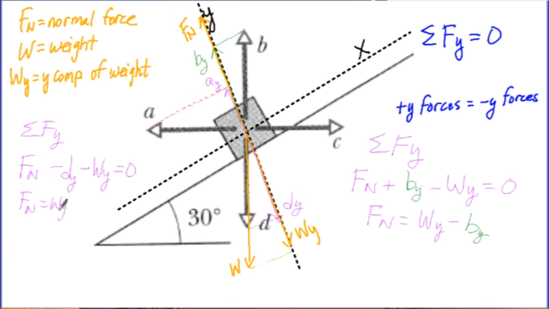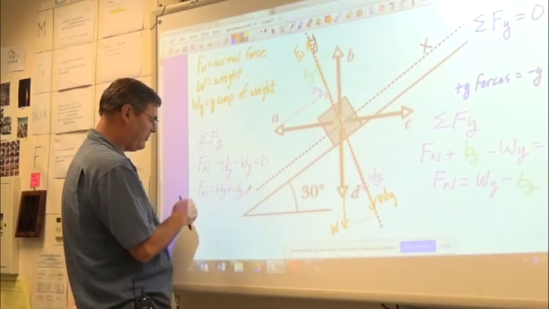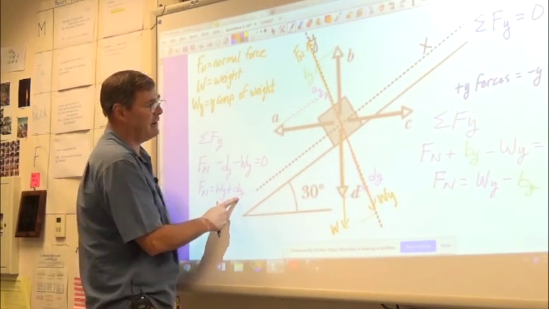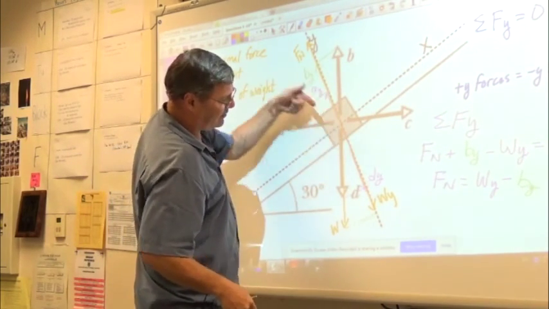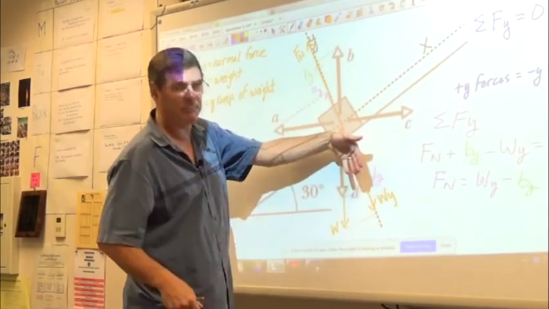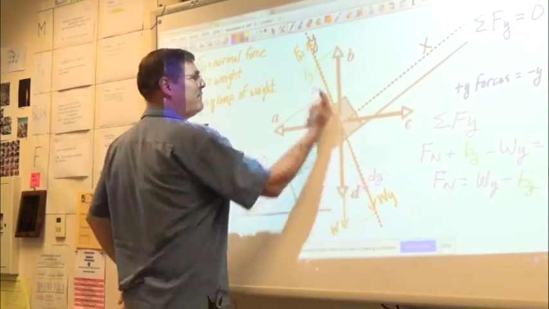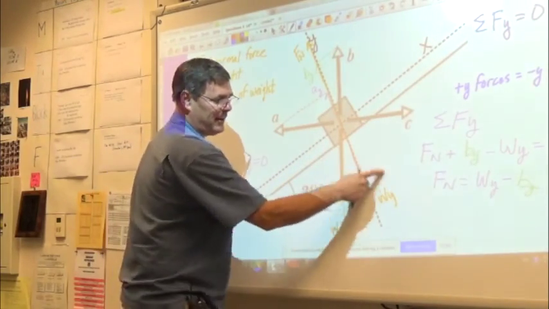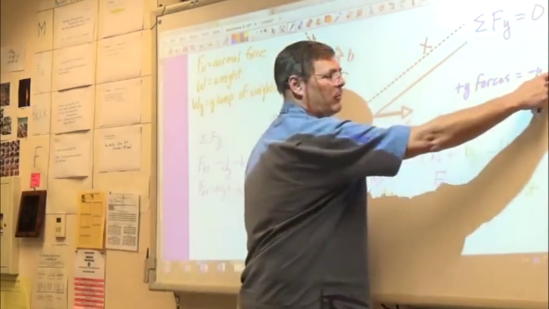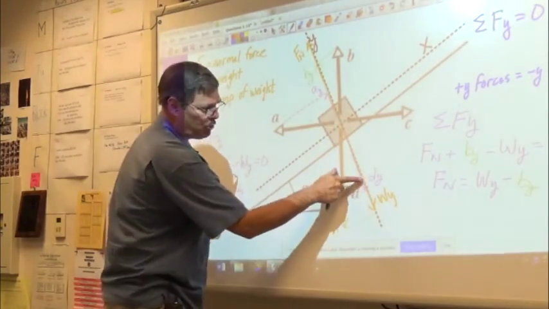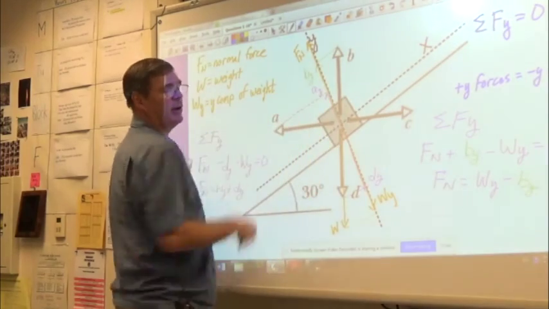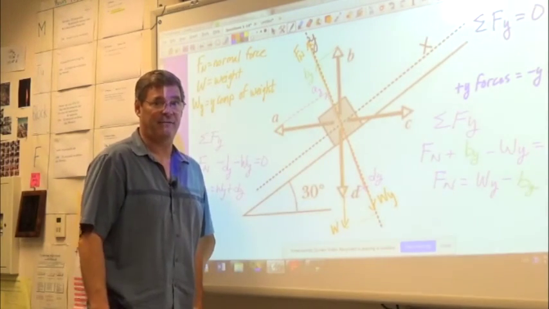I see that the normal force now is greater than the y component of the weight by this much. In other words, if D has a component of force that's pushing the block into the ramp, Fn has to work harder or push back more to offset these downward forces. Remember, the upward forces equal the downward forces. So if I'm increasing the amount of downward force by Dy, that means the upward amount of Fn has to increase as well.